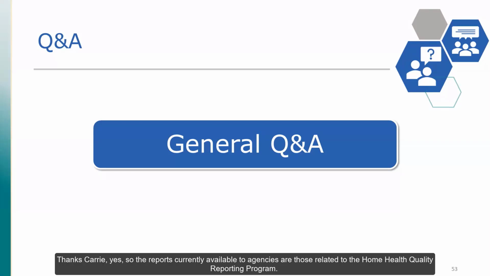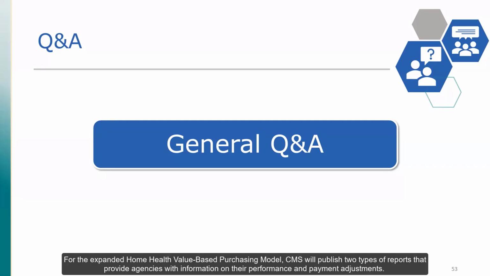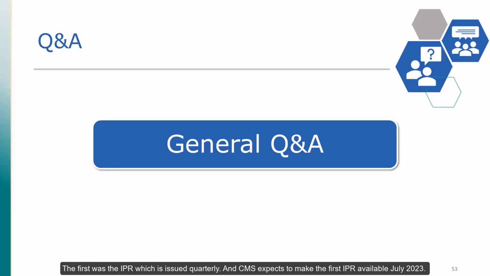Thanks, Carrie. Yes, so the reports currently available to agencies are those related to the Home Health Quality Reporting Program. For the expanded Home Health Value-Based Purchasing Model, CMS will publish 2 types of reports that provide agencies with information on their performance and payment adjustments.